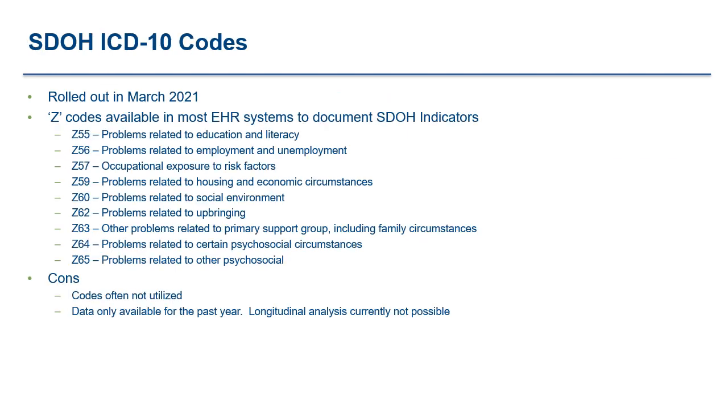The next piece is what are called social determinants of health ICD-10 codes. Those of you who work in healthcare are probably familiar with this. The ICD-10, the International Classification of Diseases, version 10, is a very substantial code set that is used to identify patients' diagnoses and conditions.